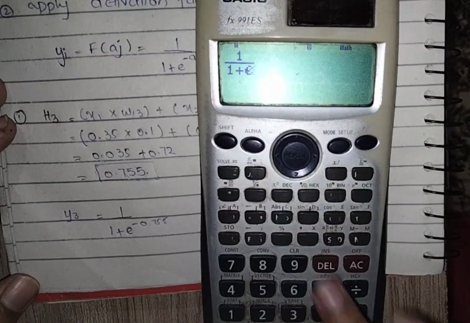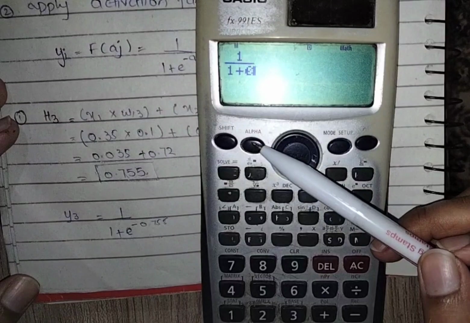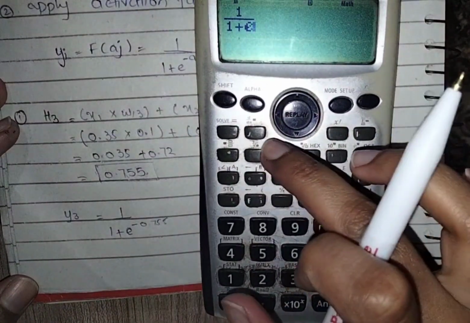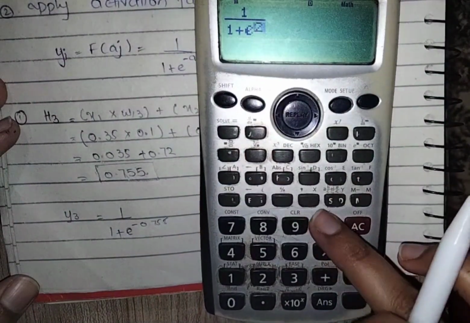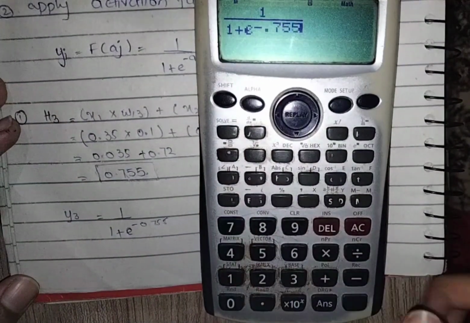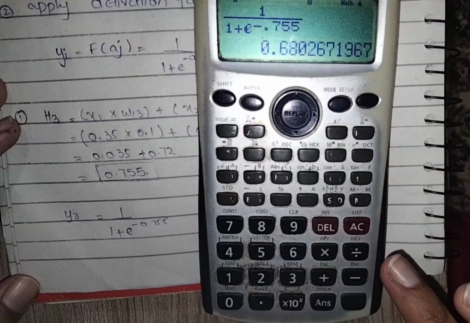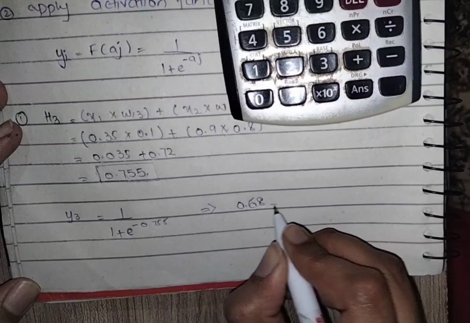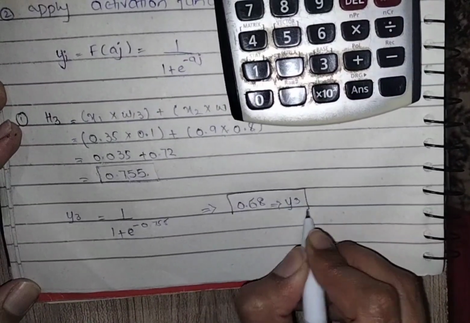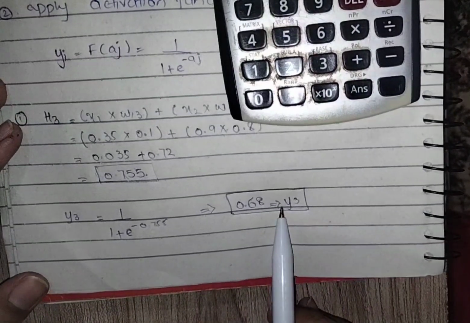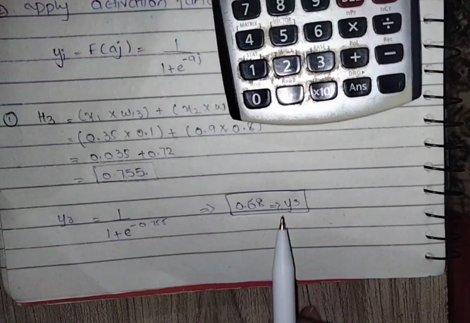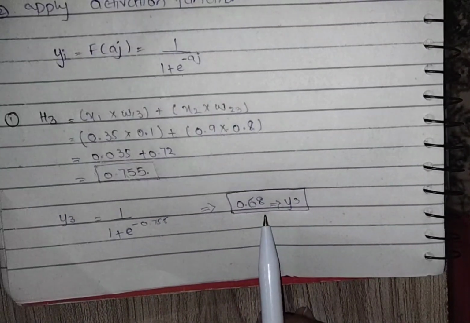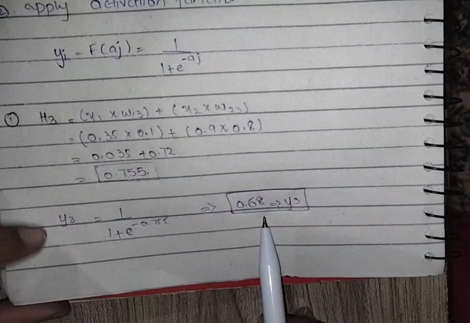If you don't know how to enter e, you can simply press alpha and then this e, and then the power of minus 0.755. So the result is 0.68, which is equal to y3. You must be wondering why we are calculating this y3. Because it is a forward pass, we are calculating the forward values, and it will also help us in the calculations when we are doing the backward propagation.